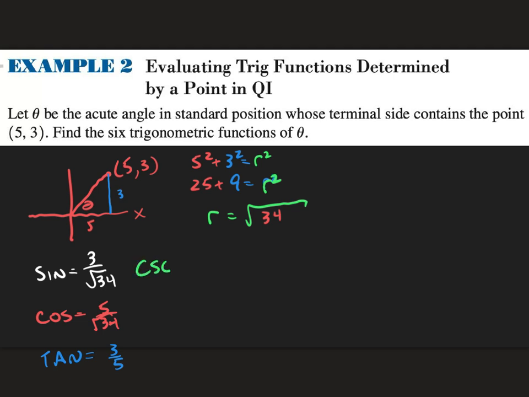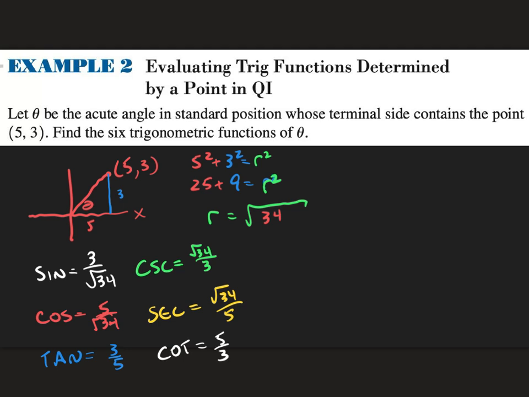The CSC is equal to root 34 over 3. The secant is the opposite of the cosine, which is root 34 over 5. And then the cotangent is equal to 5 over 3 because we just flipped the values upside down.